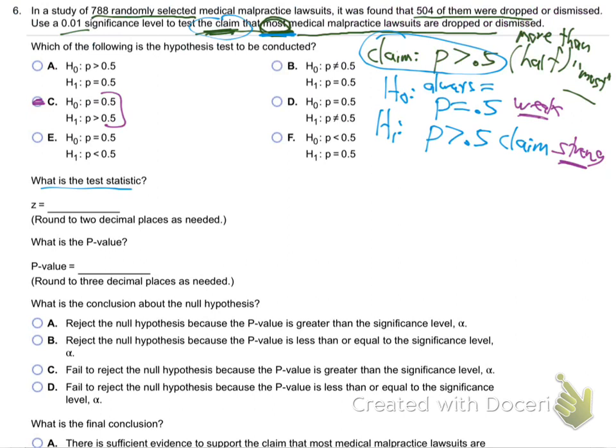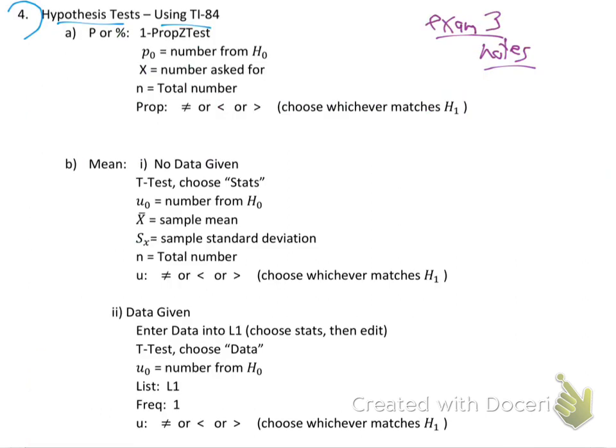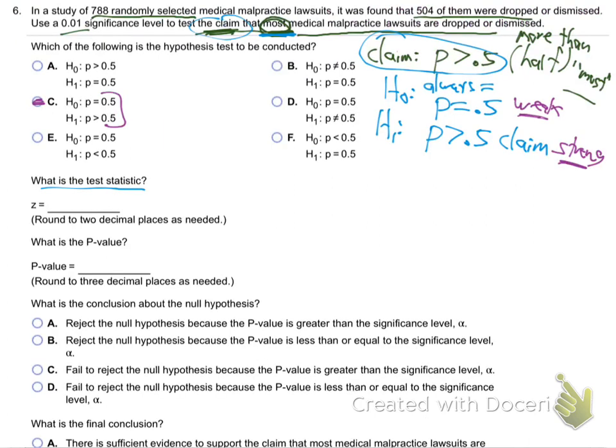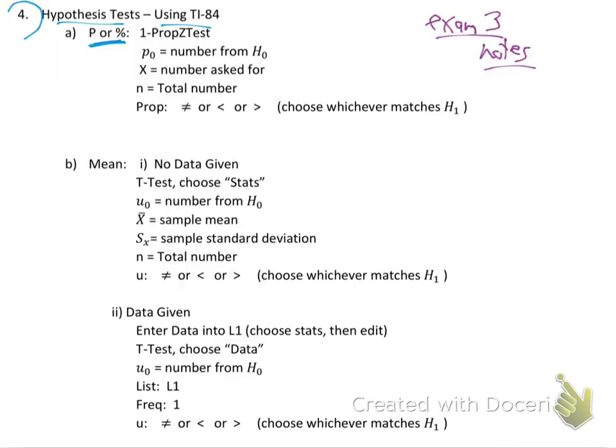Because they're asking for the test statistics, how do we do it? Well, we're doing a P test right now because we're talking about P. You go to the 1 proportion Z test under stat.